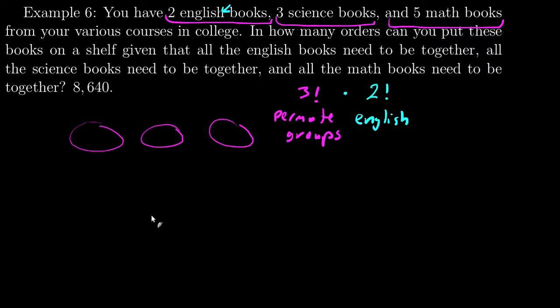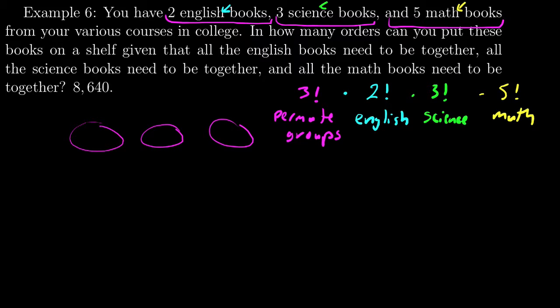It can go book A, book B, or book B, book A. Since there are 3 science books, I have 3 factorial ways to deal with the science books. And since there are 5 math books, I have 5 factorial ways to deal with the math books. And this is actually very doable by hand because we know each of those factorials already.